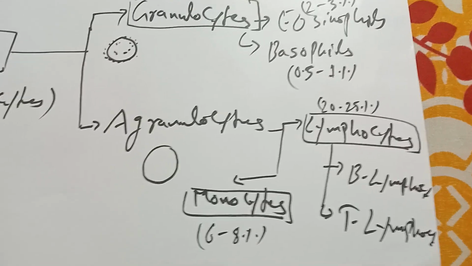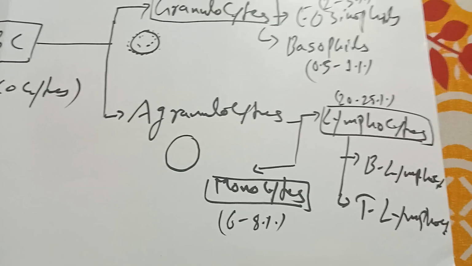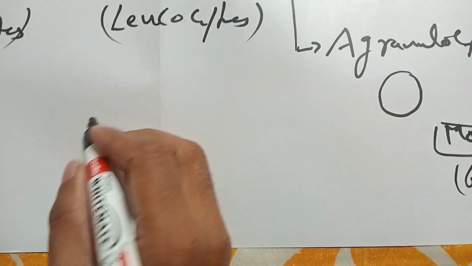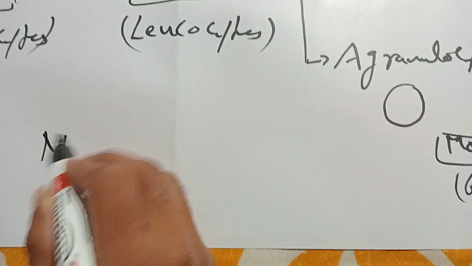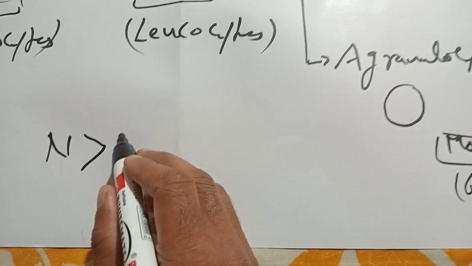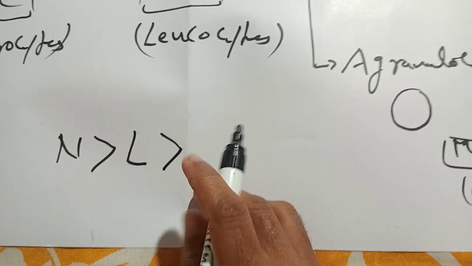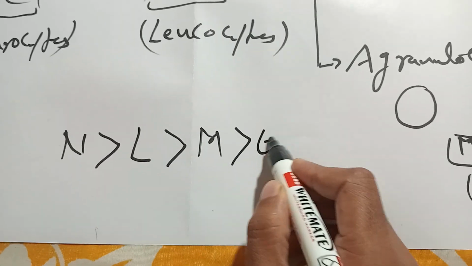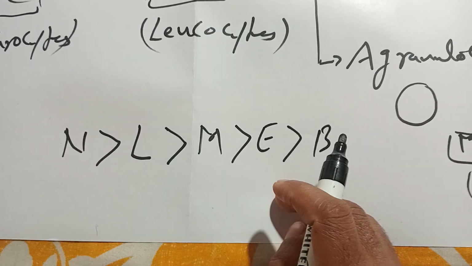You can write the descending order of percentage composition of WBC. The most abundant is neutrophils. Suppose N is for neutrophils, then L for lymphocytes, then monocytes, then eosinophils, then basophils. The least number is basophils.